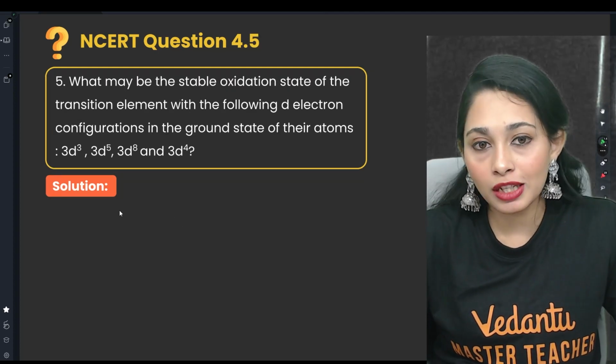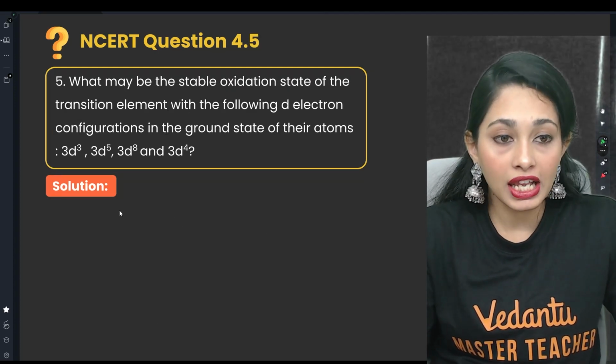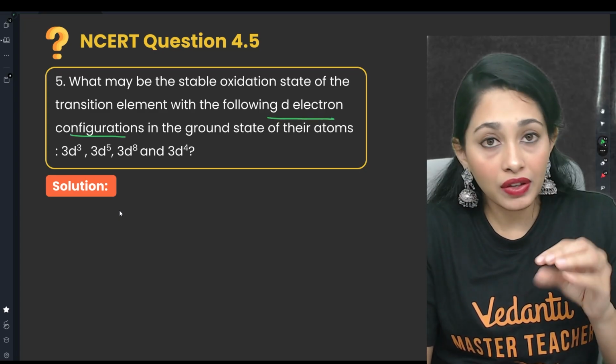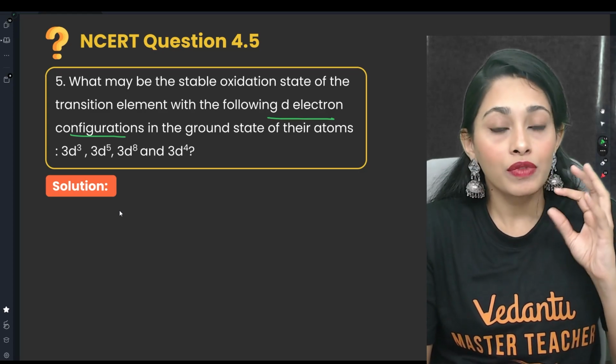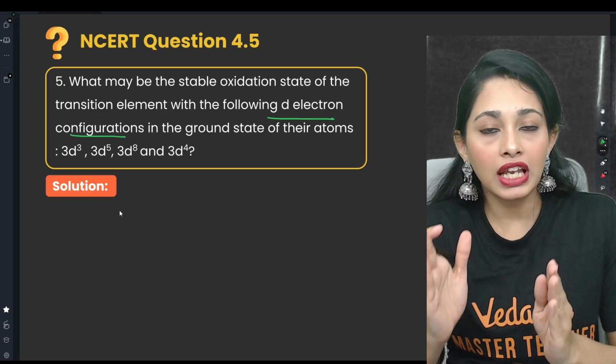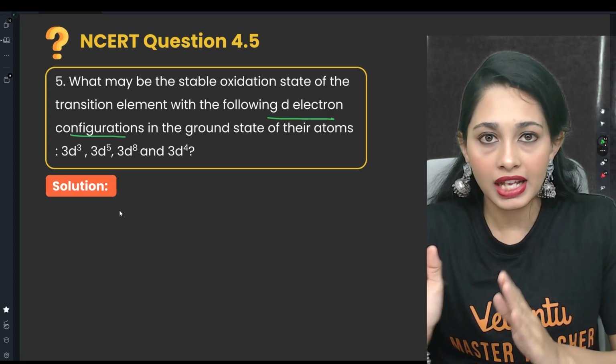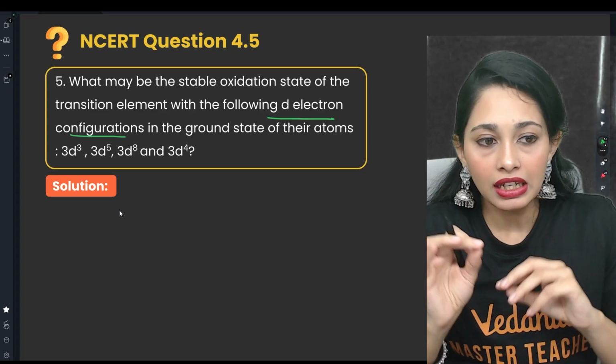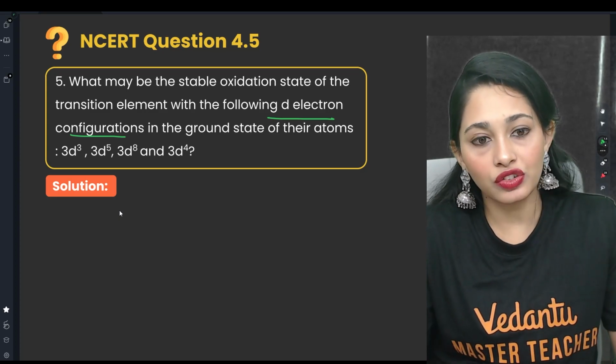What may be the stable oxidation state of the transition element with the following d electron configuration? They have given us the d electronic configuration. We should understand that it will have s electrons as well. 4s will be there. So in the ground state of their atoms, 3d3, 3d5, 3d8 and 3d4.